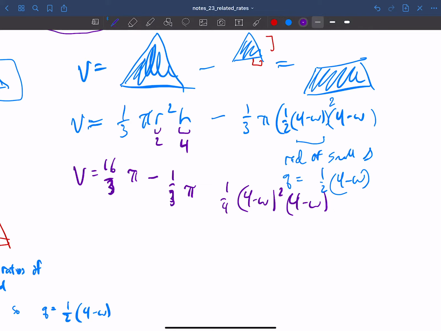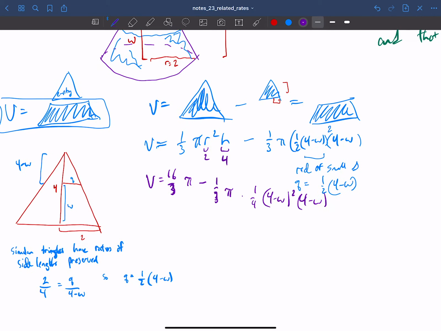Missing my operator here, times. There we go. This is looking pretty good to me. Let's rewrite this one more time. Let's write this as v equals 16/3 pi minus a 12th of pi times 4 minus w cubed.